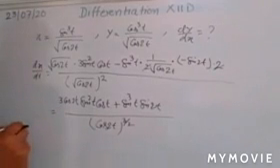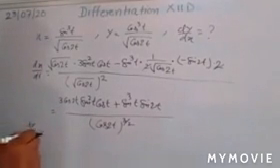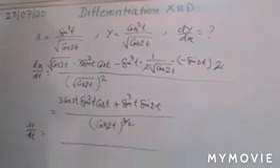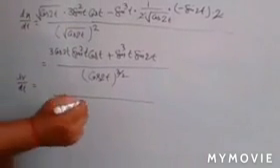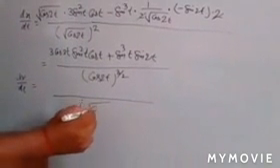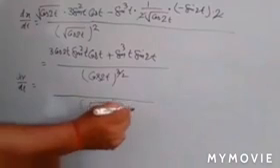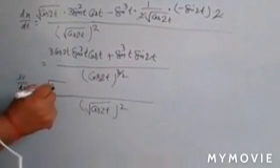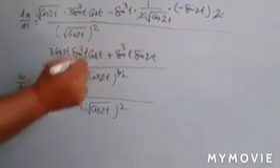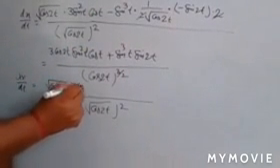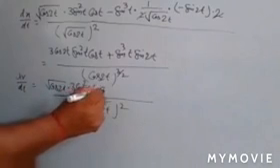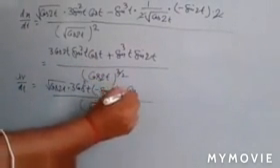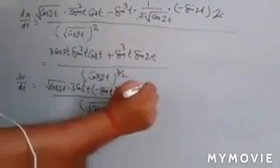So dy by dt can be written, again applying the quotient rule, square of the denominator, means within root cos 2t whole square, and numerator: denominator, so under root cos 2t into differentiation of the numerator 3 cos square t into minus sine t, minus cos cube t into the derivative of the denominator.